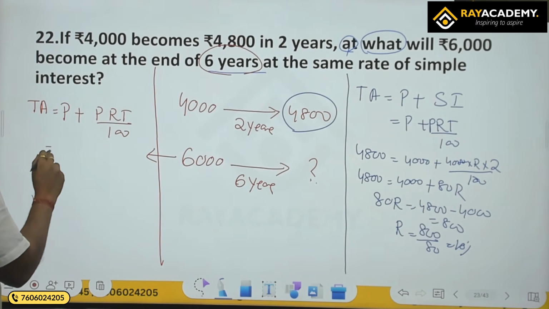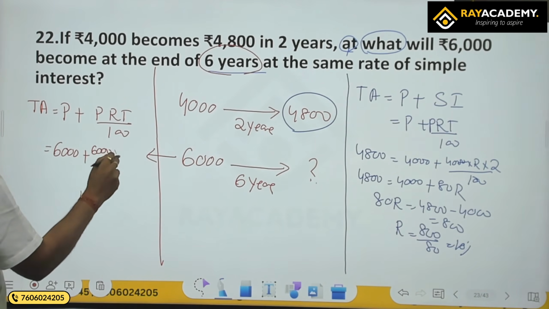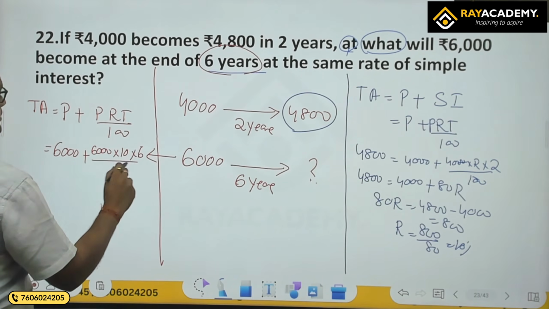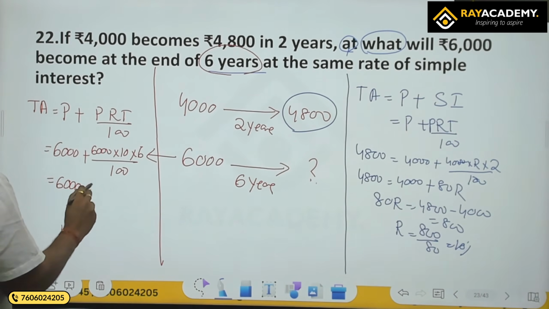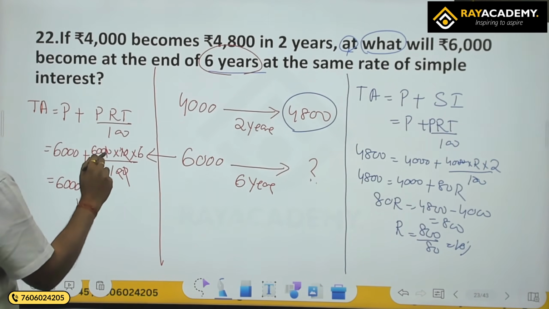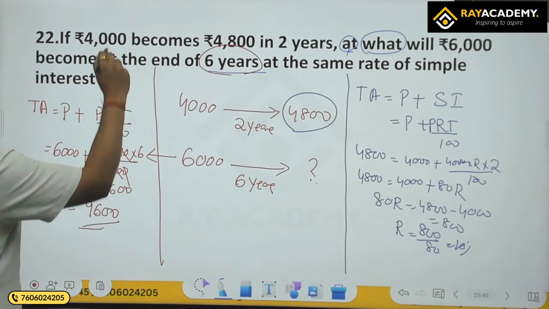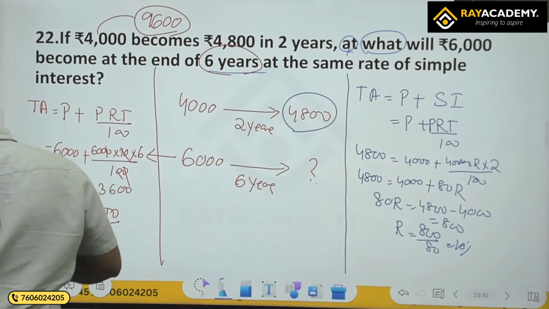P is 6000, plus 6000 into R, which is 10, and the time period is 6, by 100. So this gives 6000 plus 3600, which is 9600. So your answer for this question is 9600.